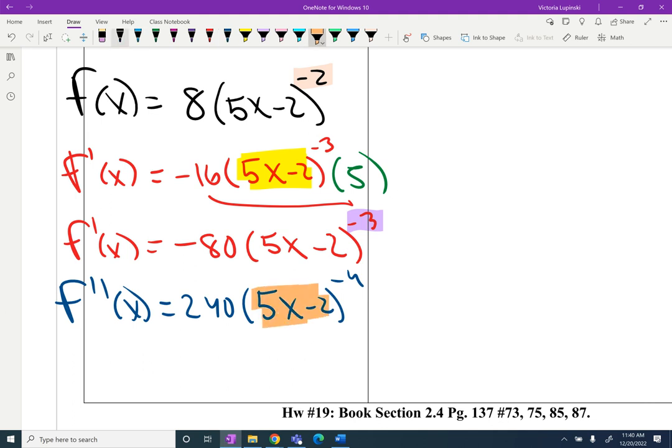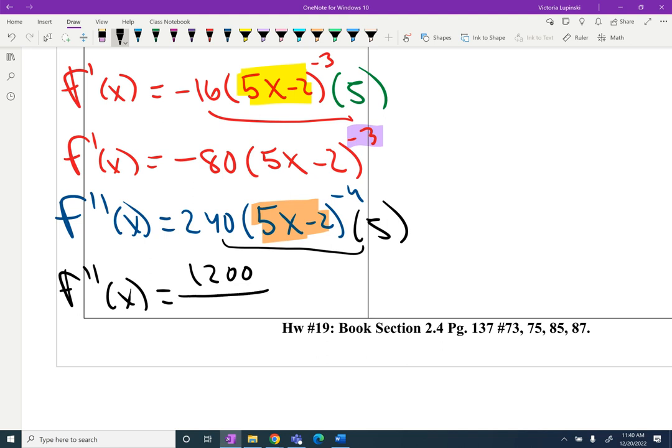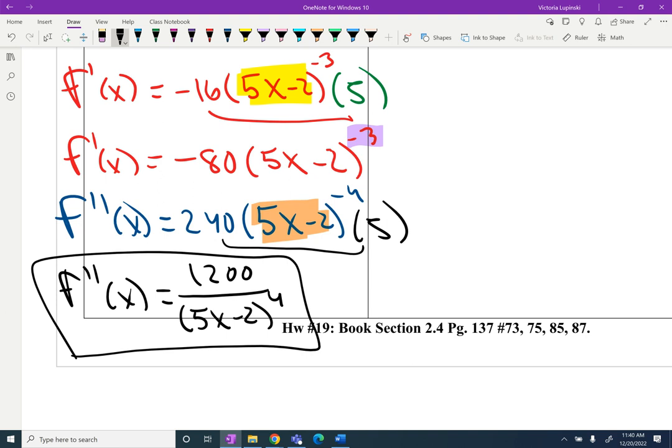What's the derivative of the inside? 5. And in your final answer, which again is f double prime, because this is the second derivative, you're going to do 5 times 240, which is 1200. Then you're going to drop the orange to the bottom. And when you drop the orange to the bottom, it becomes a positive 4 exponent. Bless you. That is your second derivative.